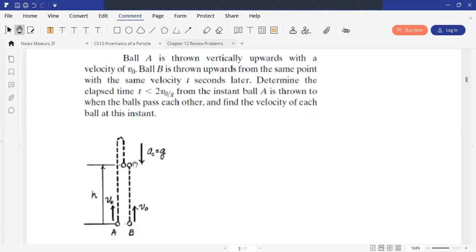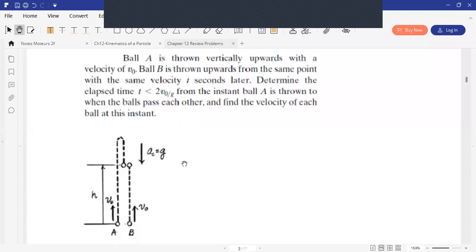So we will find the time where they will meet, and the velocity of the two balls at the instant they meet each other. In such a problem, what is the methodology?